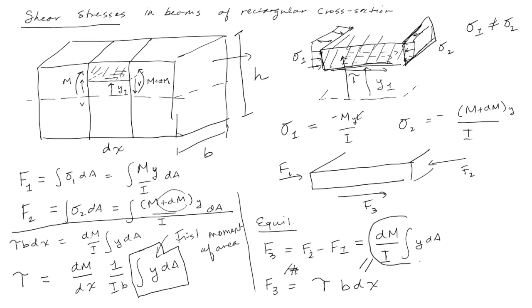This y comes from this my over I, and this my over I comes from measuring sigma 1 and sigma 2 at some distance y greater than y1. So it's up in here somewhere. This is what's called the first moment of area of the cross section above where we're looking at the stresses. It's going to be with respect to that guy right there.